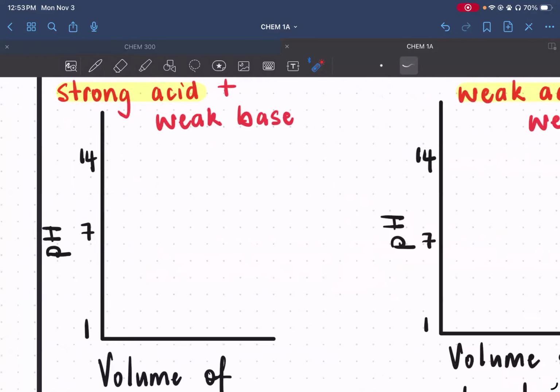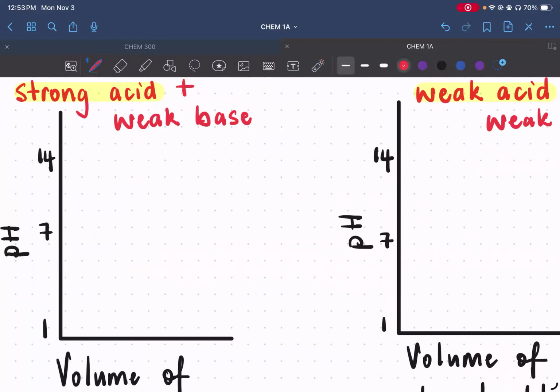So starting with the one over here on the left, strong acid, of course, we start pretty low. Our color change, that's probably around 7. And we're going to keep adding base, but this time, we're not dealing with a strong base. This time we're dealing with a weak one. So am I going to draw it all the way up to 14? No. Probably a little lower.